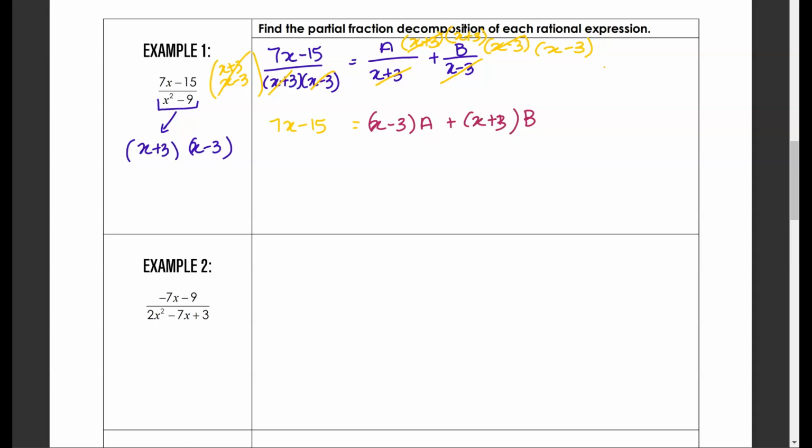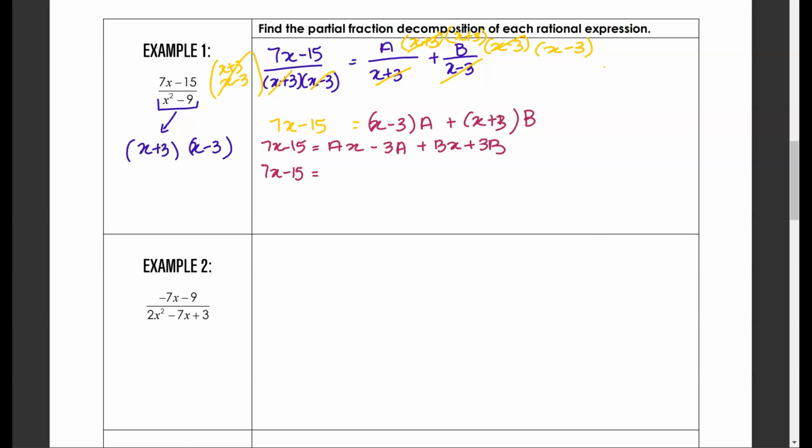All right, so here we are. And so looking at this, we're going to go ahead and simplify this out. So notice we end up with 7x minus 15 equals ax minus 3a plus bx plus 3b. I just realized that since we're going fast, I'm dropping something.